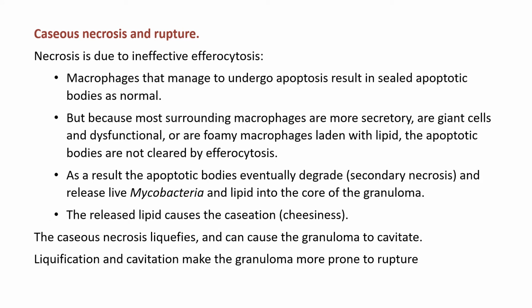This caseous necrosis, again a bit like our atherosclerosis, liquefies. And this can cause the granuloma, in this case, to cavitate. In other words, the liquid will all drop to the base and we'll end up with this big hollow ball. And you can imagine this is going to make that granuloma a bit more prone to rupture.